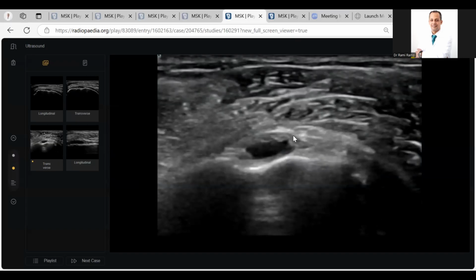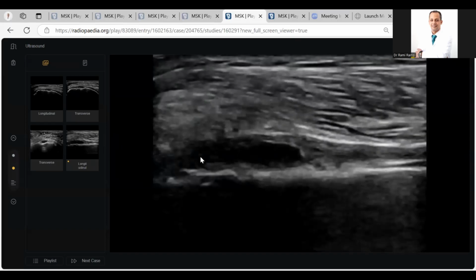There is tendinopathy involving the supraspinatus tendon with fluid collection or tear. This is tendinopathy or tear of the supraspinatus tendon, partial tear? No, the whole tendon is replaced by fluid here.